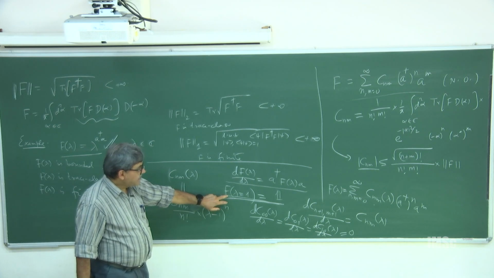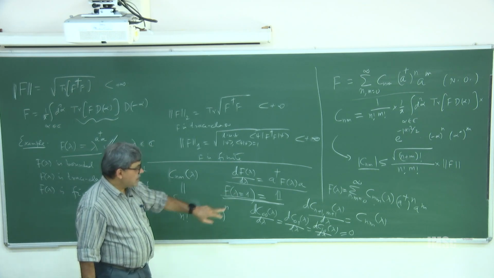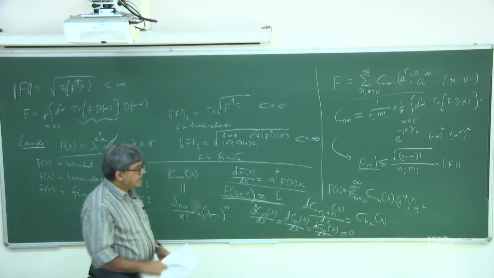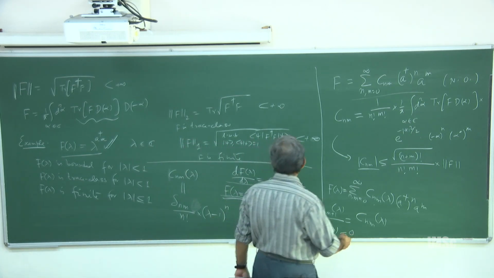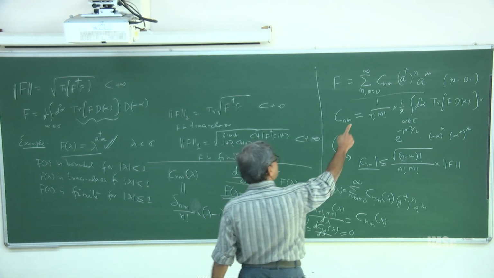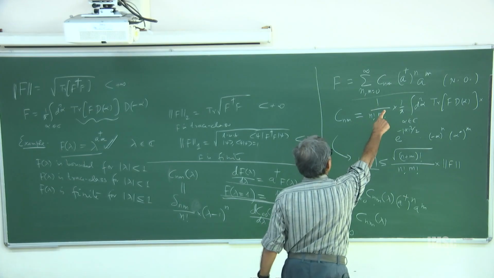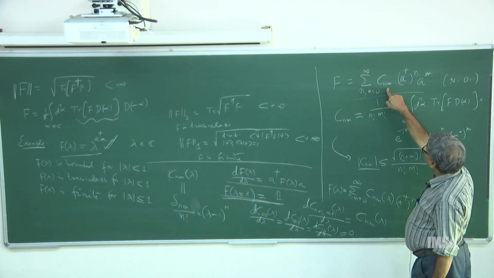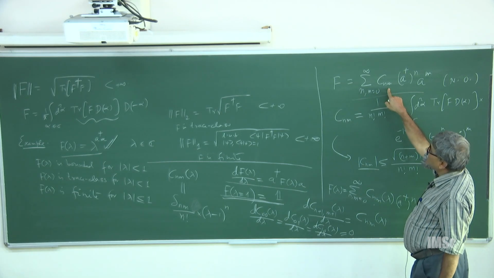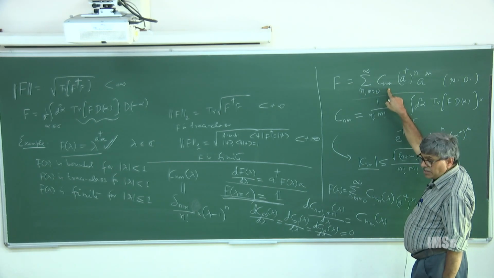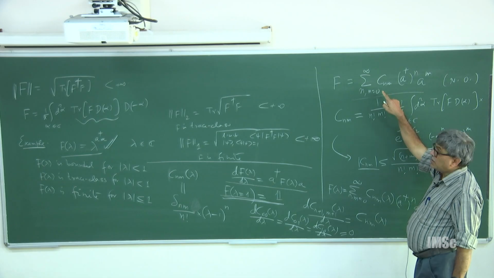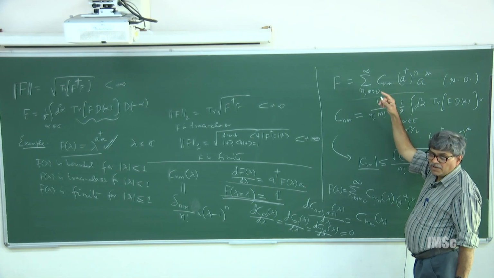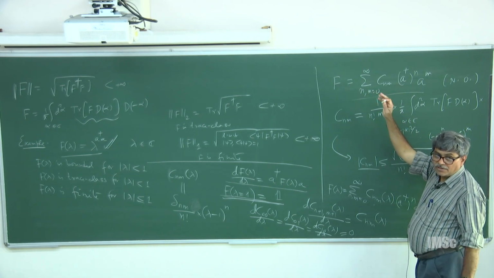This means that for λ equal to 1, if I look at this series for f(λ), then C_00 is 1, it will always be 1. Always be 1 means what? For all λ?